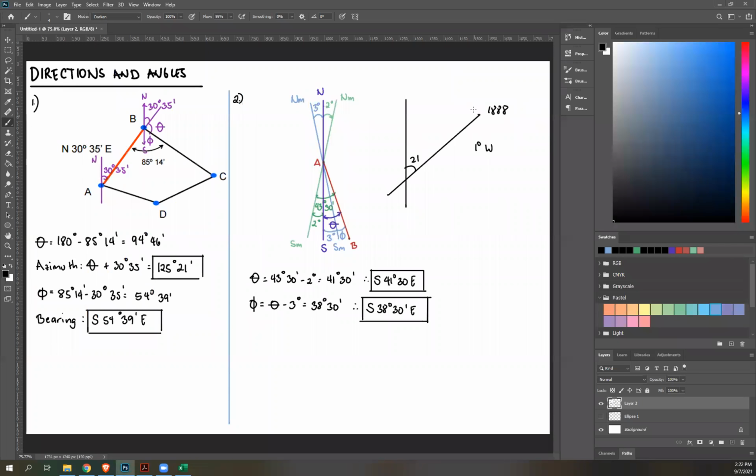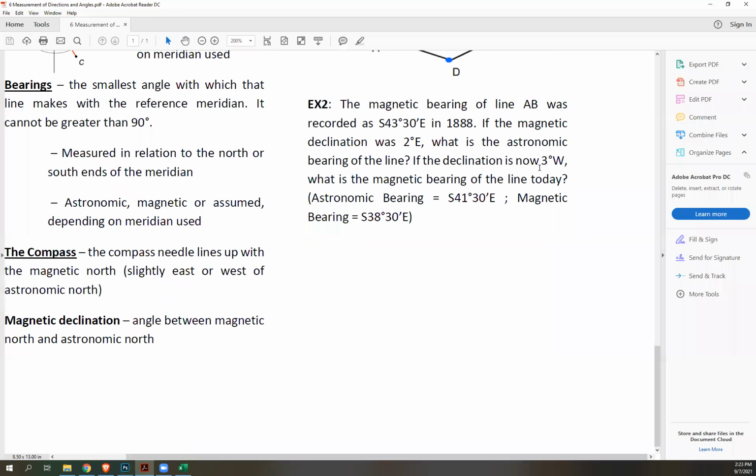So after 1 year, it's going to go west, so it's going to go here. So this is at 1889. This is by 1 degree. Therefore, total declination is now 1 degree, still towards east. Eventually this will move towards west, and that's why after several years, this turned into 3 degrees west.